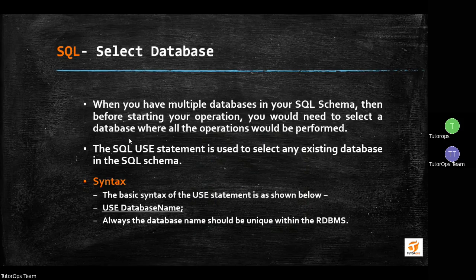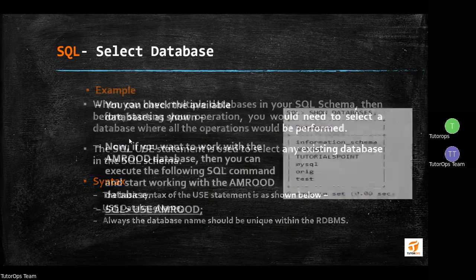That way you can select the database, and after selecting the database, you can perform your operations, like creating objects or any DDL, DML, DCL operation, over that particular database. So the basic syntax of the USE statement is as follows: USE database name. Always the database name should be unique within the RDBMS.